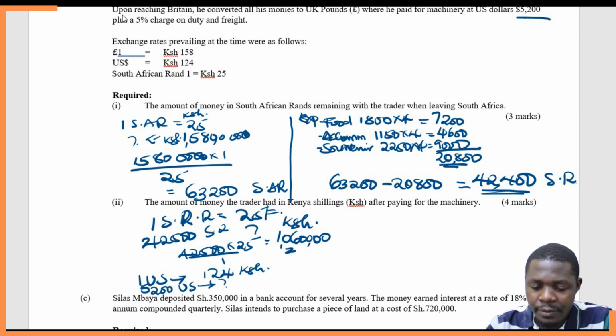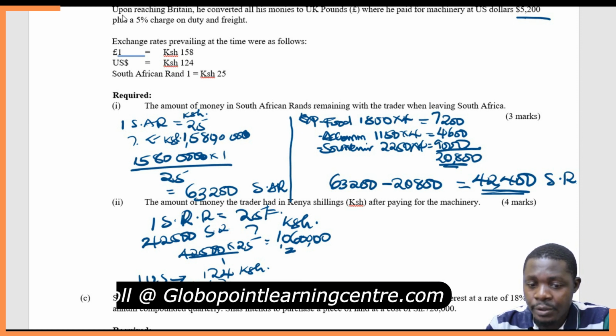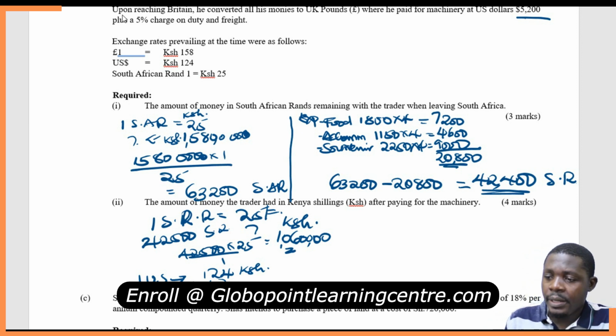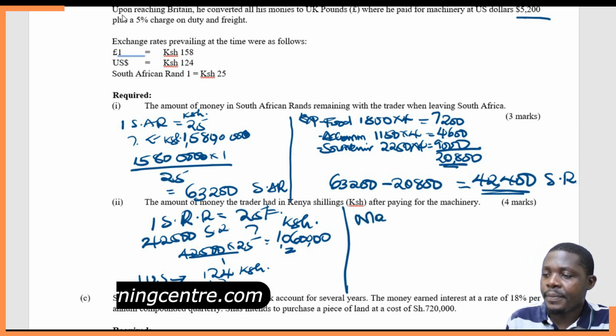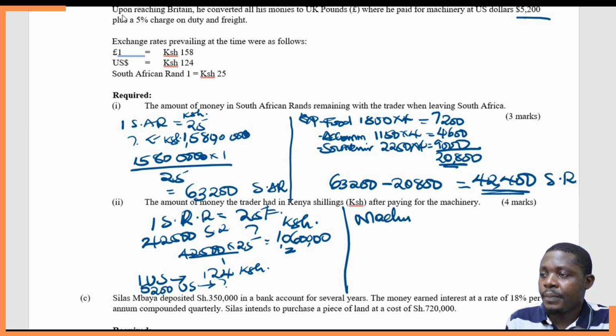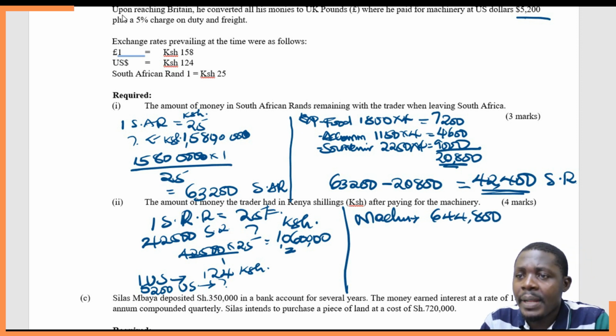Therefore, just take 5,200, I multiply by 124. We have in Kenyan shillings, the machinery he spent, that is 644,800.